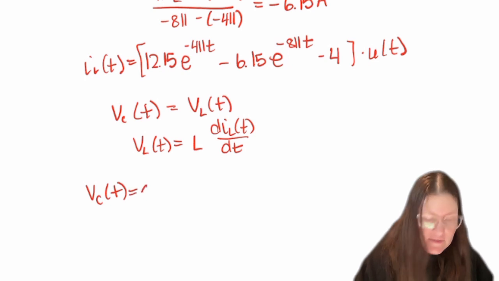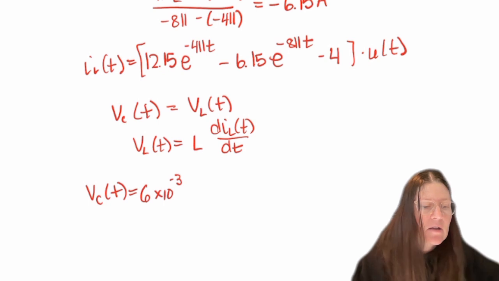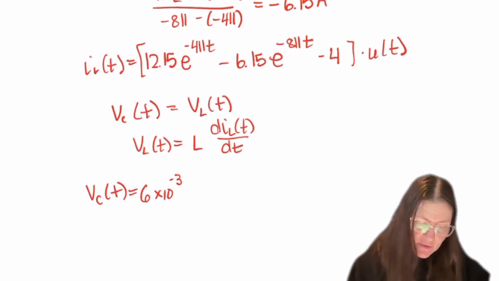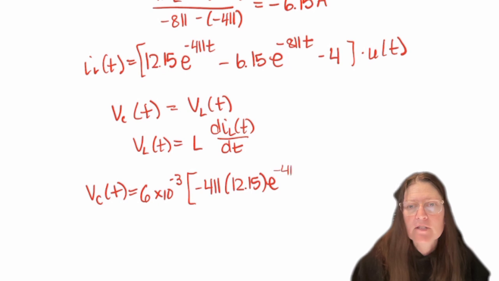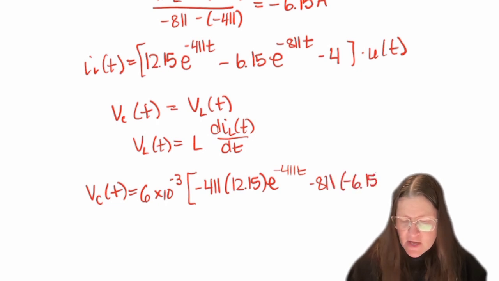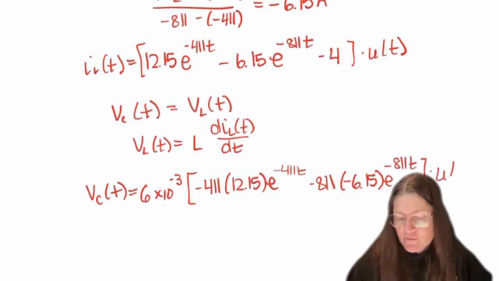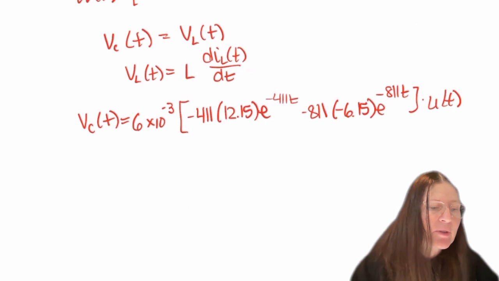L was 6 times 10 to the minus 3, and then the derivative of this is going to be a minus 411 times 12.15 e to the minus 411t, and then a minus 811 times a minus 6.15 e to the minus 811t. And again, the u of t just stays there, or we say t greater than or equal to 0 is when this is valid.